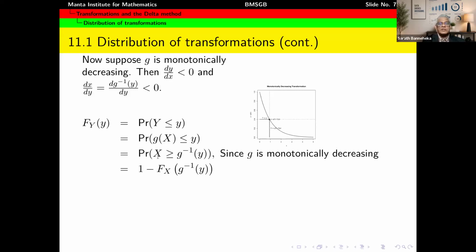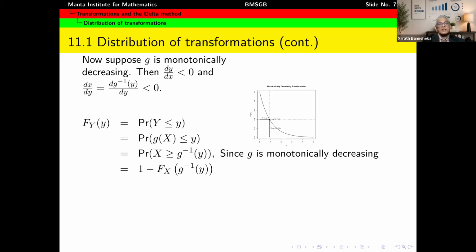That is equal to 1 minus the probability x less than or equal to g inverse y, which will be 1 minus capital F of x, that is the cumulative distribution function of x evaluated at this value. So therefore, in that case, the cumulative distribution function of y evaluated at simple y is equal to 1 minus F of x, that is the cumulative distribution function of x evaluated at g inverse y.